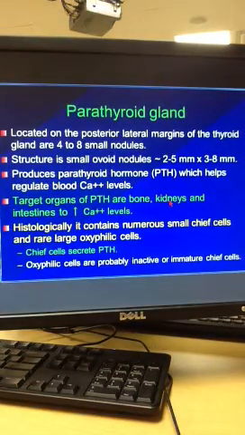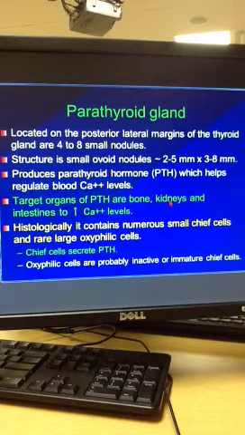The parathyroid gland secretes a hormone called parathyroid hormone, which regulates blood calcium levels. If the calcium levels drop, then the parathyroid releases that hormone, and it acts on bone to activate osteoclasts.